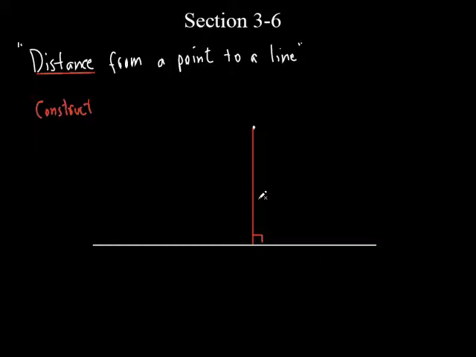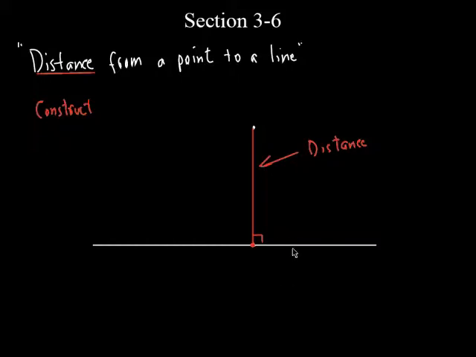So this line right here is perpendicular to this white one, so we call this the distance. Now notice, I didn't go all the way through, because if I went all the way through, that'd be a different length, wouldn't it? From this point to this point right here, where it hits perpendicular, that is the distance between a point and a line.